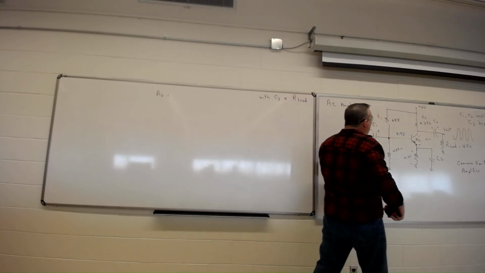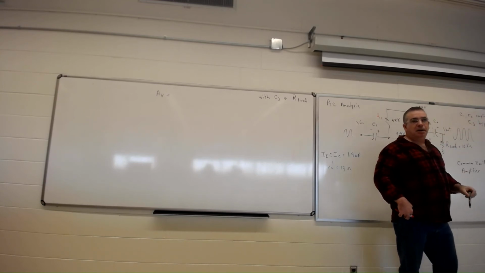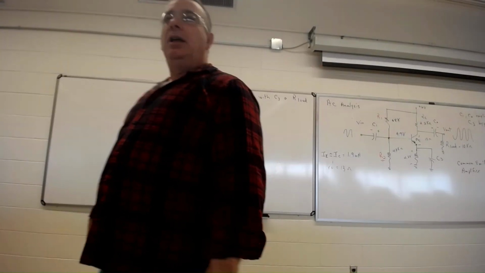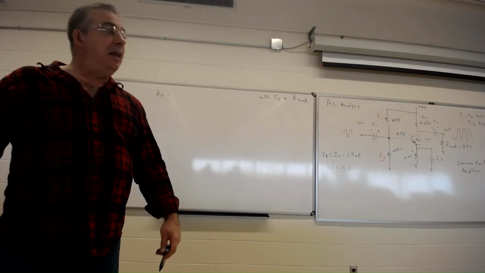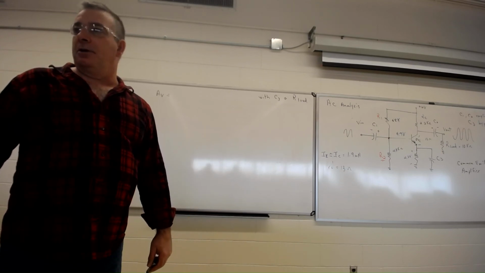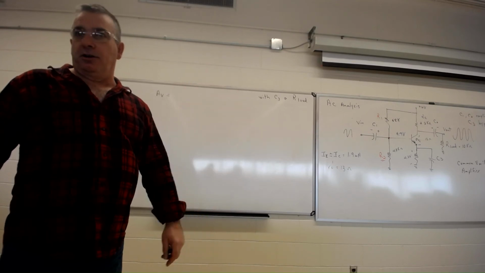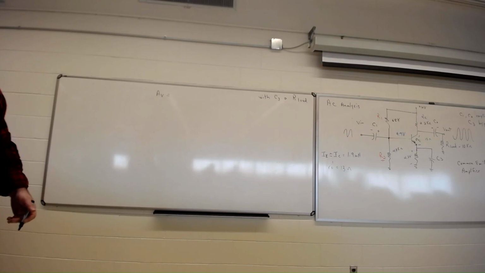The load resistor, by the way, kind of represents the next amplifier that's coming up. It's the input impedance of the next amplifier. It's a representation of the next thing you hook up, another amplifier, and that's what our load represents. Or it could be the speaker you're driving or whatever, okay? It's doing work on something.